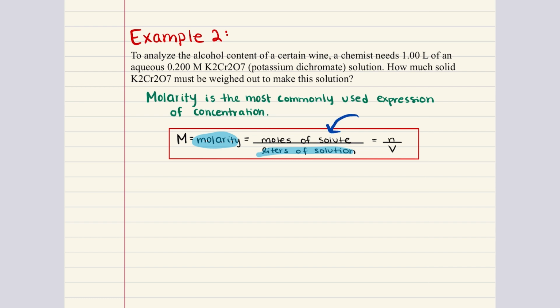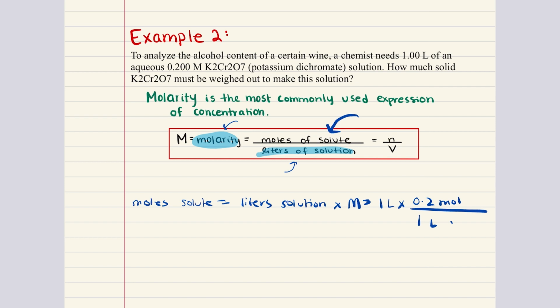We know our molarity and we know our liters of solution, so we can solve moles of solute by moving liters of solution over to the other side, multiplying that by molarity. So what this looks like is 1 liter solution multiplied by 0.2 molar potassium dichromate, which looks like 0.2 moles over 1 liter solution.